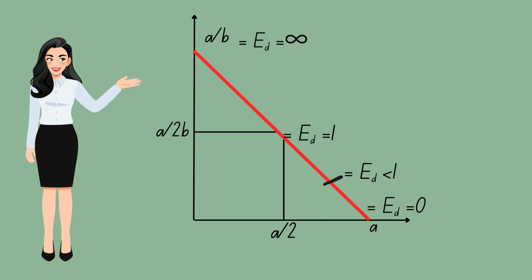On the other hand, between elasticity of demand equal to 1 and equal to infinity, we have elasticity of demand which is greater than 1, or elastic demand. Here, the magnitude of the change in quantity demanded is greater than the magnitude change in price of the commodity.